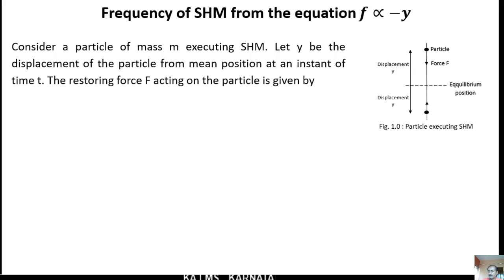A system is said to execute simple harmonic motion when it vibrates periodically in such a way that at any instant the restoring force acting on it is proportional to its displacement from its mean position of stable equilibrium in its path, and is always directed towards that position.